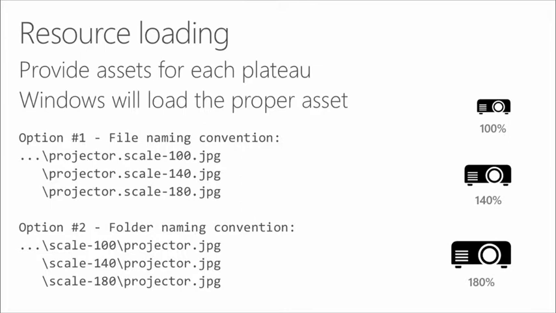If I want to supply different scaling plateaus, like a different JPEG for the 100% plateau, the 140% plateau, and the 180% plateau, all I have to do is in my code say projector.jpg and supply the resources with a suffix on the end, scale-100, scale-140, scale-180, and Windows will automatically substitute in the right file. I can do that either by file naming convention or file folder convention. So option number 2 would be to have a folder with all of the assets for the 100% scale, then all the assets for the 140% scale, and all the assets for the 180%. And it'll automatically do the substitution for me.